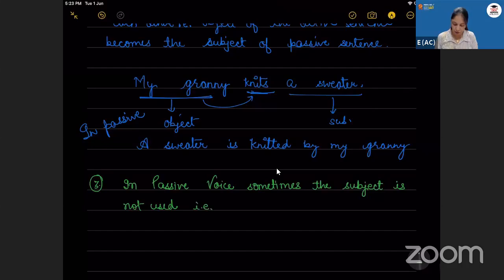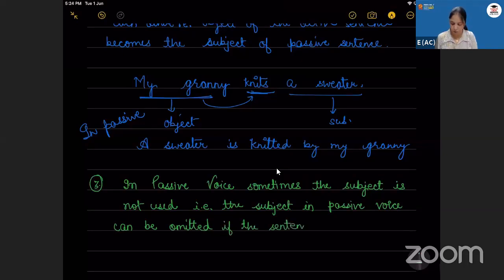That is, the subject in passive voice can be omitted if the sentence without it gives enough meaning.